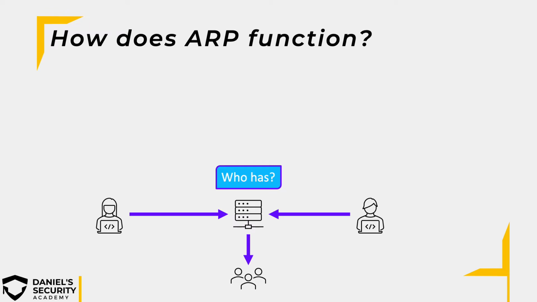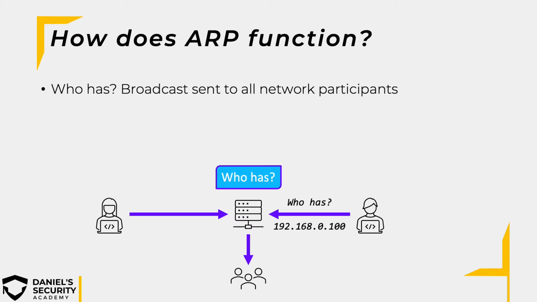But the other way of finding the ARP translations is the who-has broadcast. This is pretty much a broadcast sent by someone to the entire subnet, so to the broadcast address.